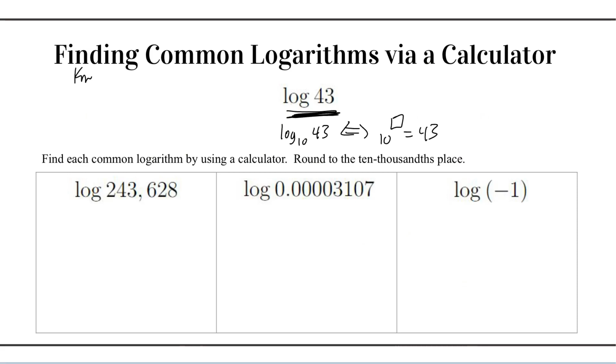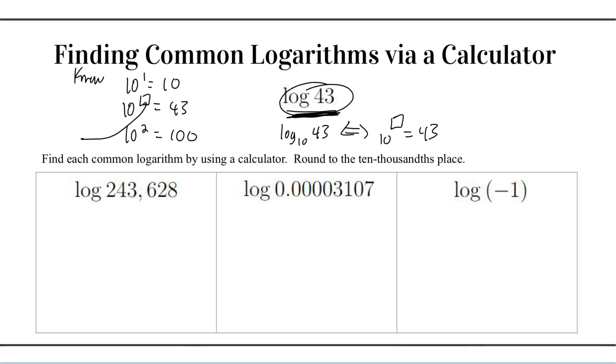What we definitely do know is that 10 to the first is equal to 10, and 10 squared is equal to 100. So 10 to something equals 43. Well, 43 is between 10 and 100. We might intuitively think that this exponent has to be somewhere between 1 and 2. And it turns out that we're right.